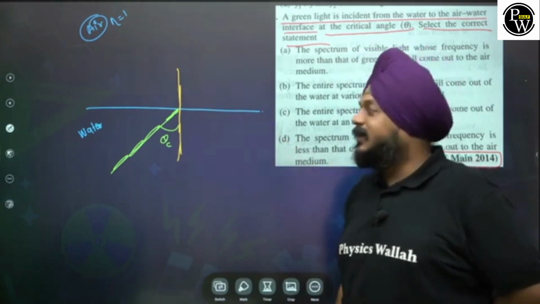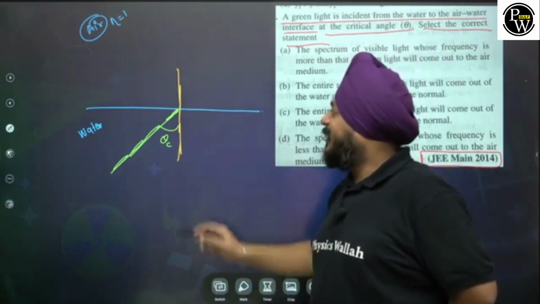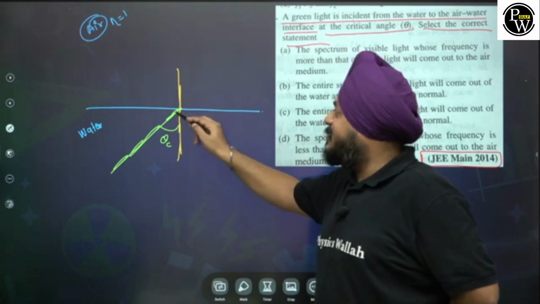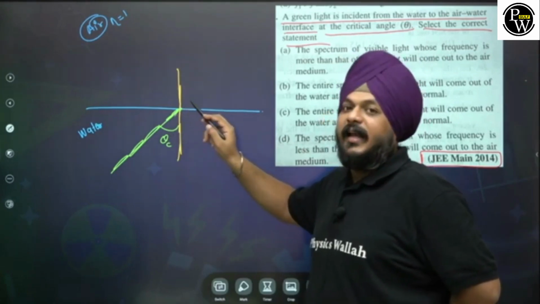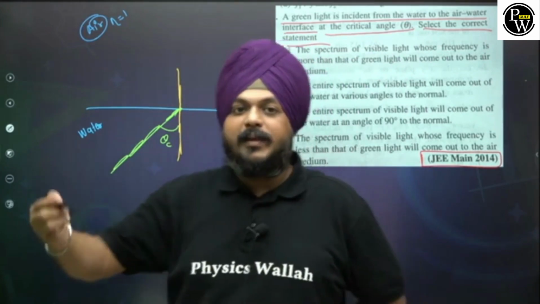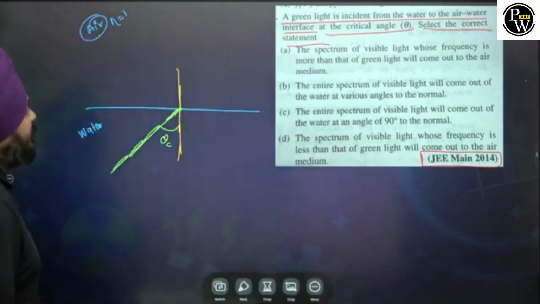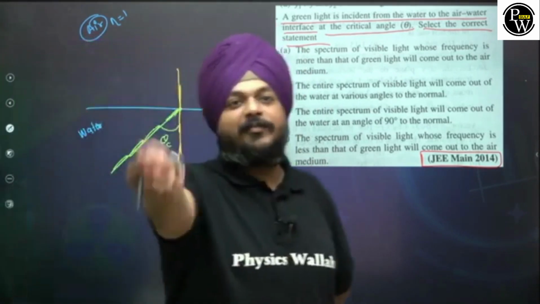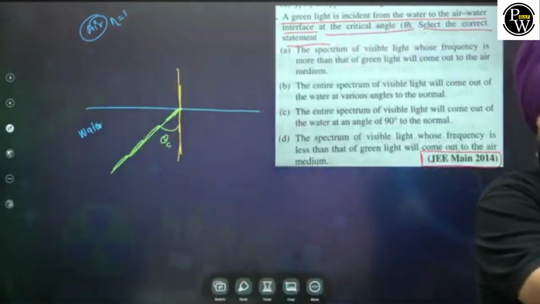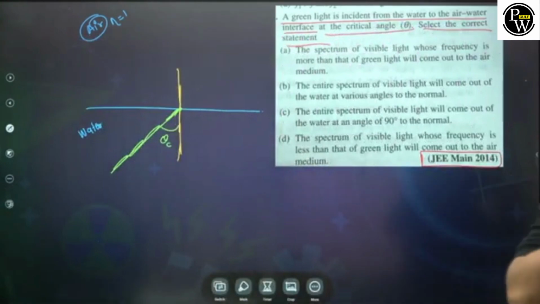So what happens here? If it is getting incident at the critical angle, then what will happen after it? The 4 most important options are given in front.